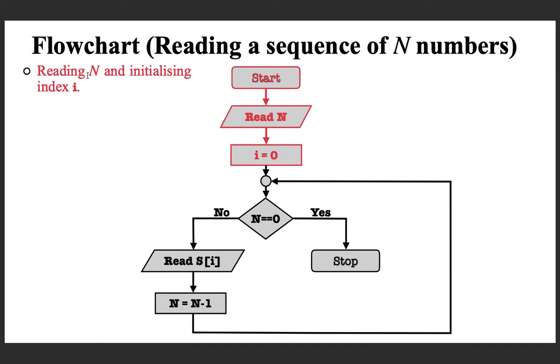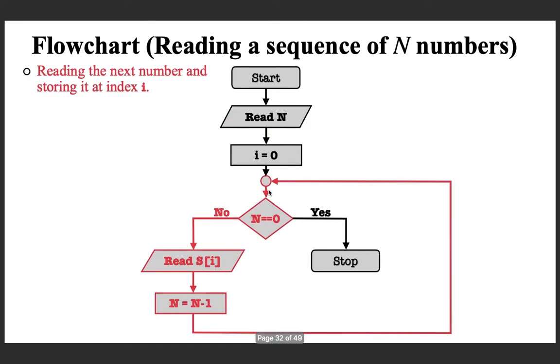Initially, it reads the number of numbers and initializes the index to the sequence as 0. So from 0 onwards, you can store. And what it is doing then? In a loop, it is reading the next number into the current index, and after that, the number of numbers is decremented by 1 and I must be incremented.